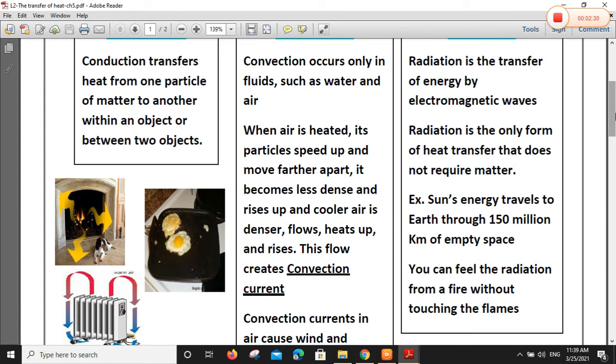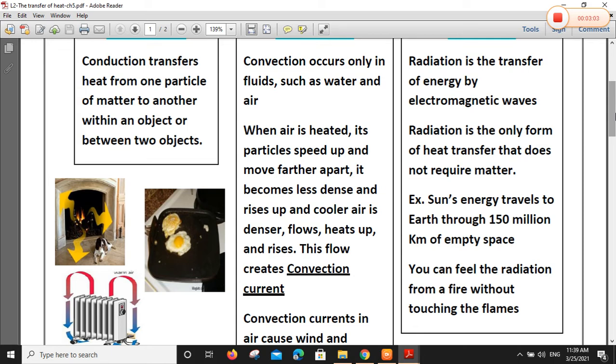What happens to the cooler air? It goes down. Cooler air is denser. So it flows down and heats up again, gaining energy, and then becomes light and less dense, so it rises up again, and so on until all particles gain thermal energy. This flow creates a convection current.